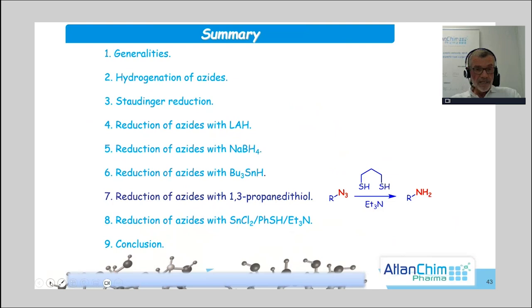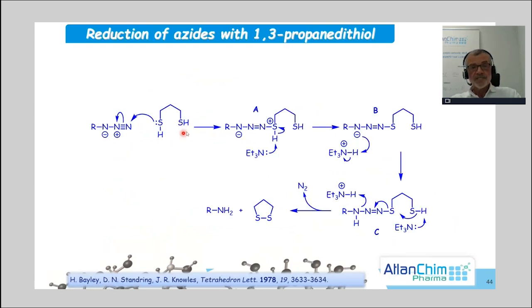In this reduction process, 1,3-propanedithiol attacks the azido function to give the first intermediate, which, through a series of proton exchanges mediated by triethylamine, provides intermediate C. The rearrangement of this intermediate C with expulsion of nitrogen gas provides the amine with a concomitant formation of this cyclic disulfide adduct here.